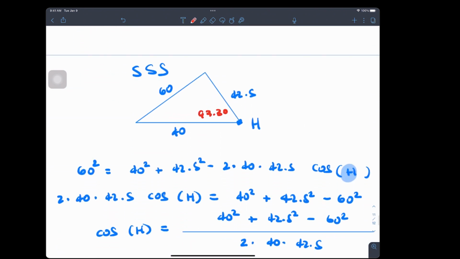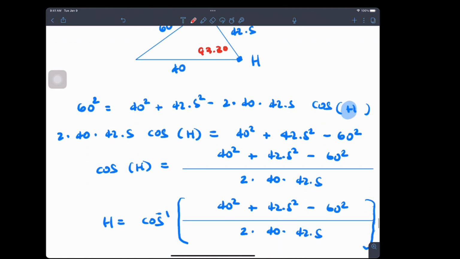So what is law of cosines? 60 squared is 40 squared plus 42.5 squared minus 2 times 40 times 42.5 cosine h. So 2 times 40 times 42.5 cosine h would be 40 squared plus 42.5 squared minus 60 squared. H will be inverse cosine of all of that.